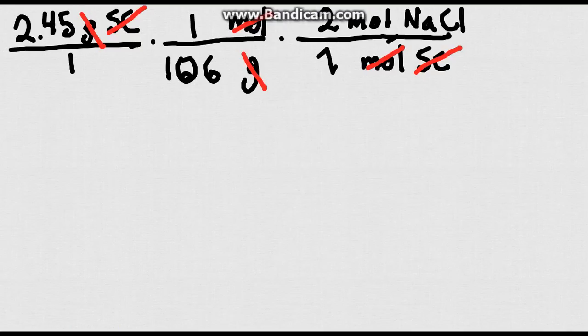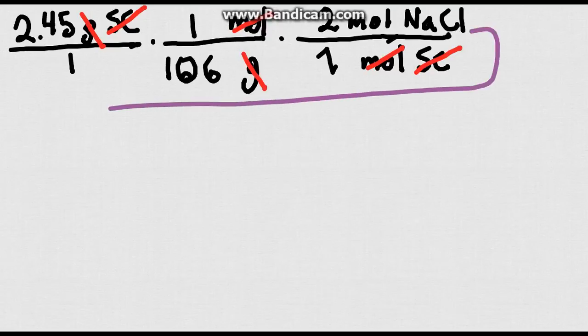So that's 58.44. So I'm running out of space, I'm going to bring this guy down here, and I will then multiply him by, I already forgot what our weight was, 58.44 grams. And now where do we want the grams? Well, we want the moles to cancel out with the moles.